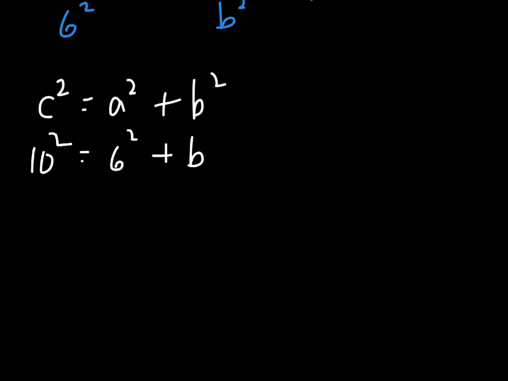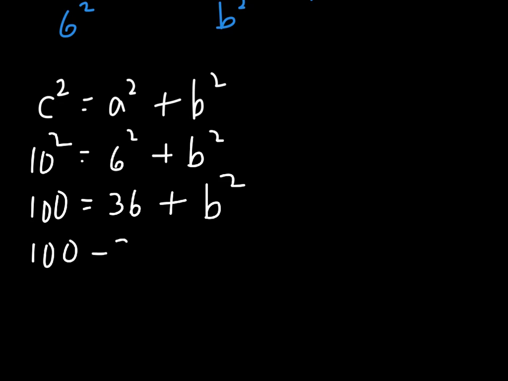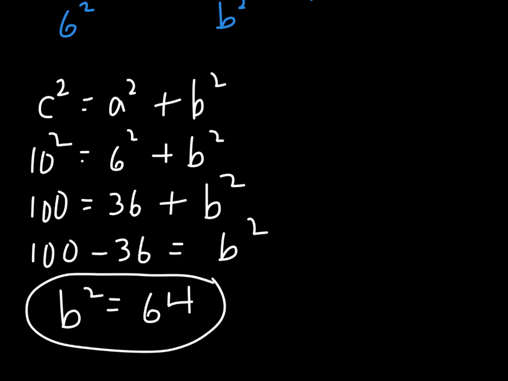Plus b squared. And let's solve this for b squared. So subtract 36 from both sides, and that'll be b squared. So then b squared is equal to 64. Yeah, that's right, 64. Cool, that was the last missing piece for standard form.